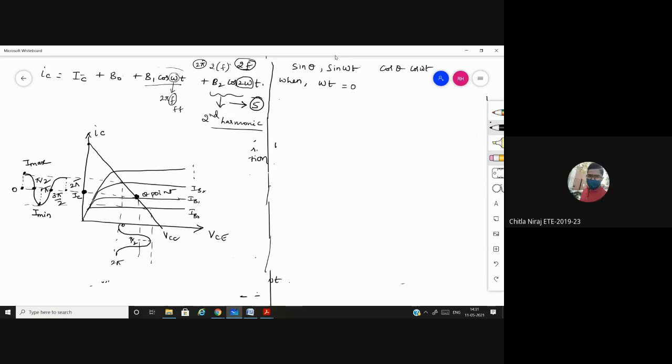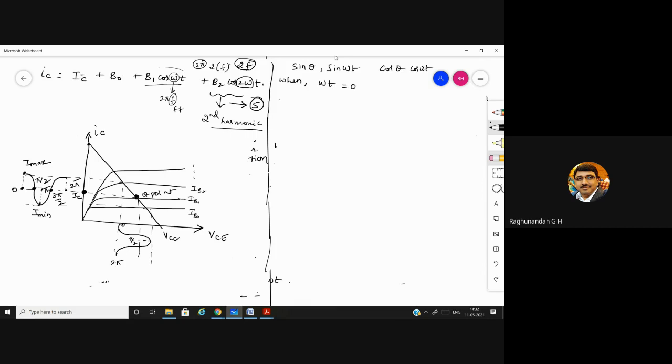That will be DC, sir. Why will it be DC? Because VCC fixes the Q point, and VCC is a DC voltage. I'm asking about IC. IC current is fixed, so it can't vary. So here IC at the Q point is because of DC, not because of AC.